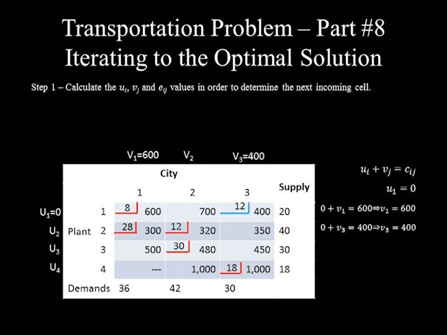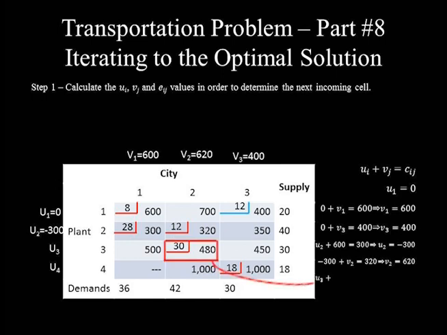Second row index, that's U2, plus the column 1 index, that's 600, is equal to 300. This implies U2 is equal to 300 minus 600, which gives us negative 300. Negative 300 plus the second column index, that's V2, is equal to 320. This implies V2 is equal to 320 plus, taking negative 300 to the right side of the equal sign becomes positive 300, which gives us 620.